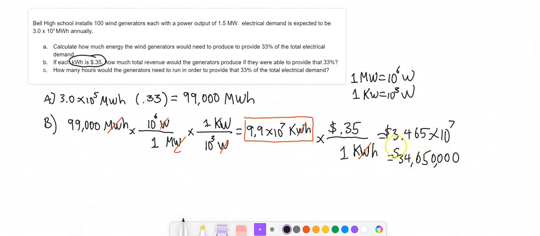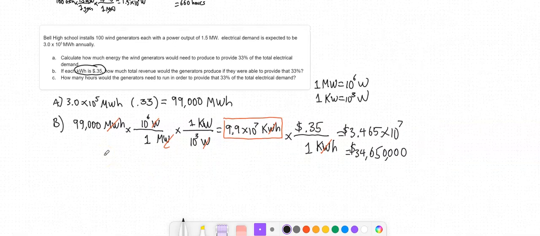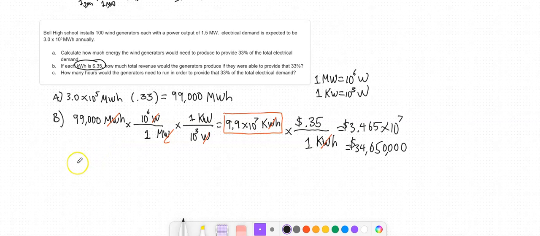Dollars. Okay. Now, for part C, we want to find the number of hours, and this is the formula that we can use for that. Kilowatt hours, which we already found, is equal to total watts times hours divided by 1,000.